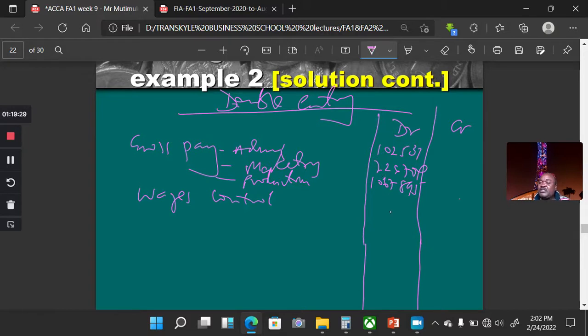But when we start to pay, that's when we are going to debit the wages control account. Right now we are still recognizing the expense itself, the wages expense, in that particular period. But when we pay, that's when we will be closing this expense account and debiting the wages control account and crediting cash. It's very interesting, isn't it?